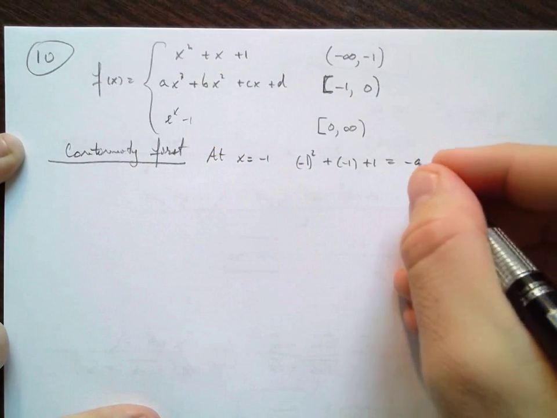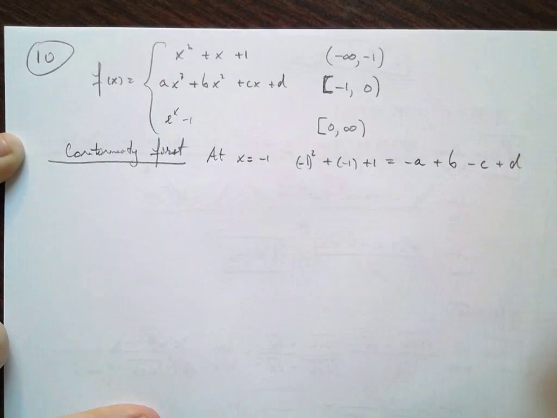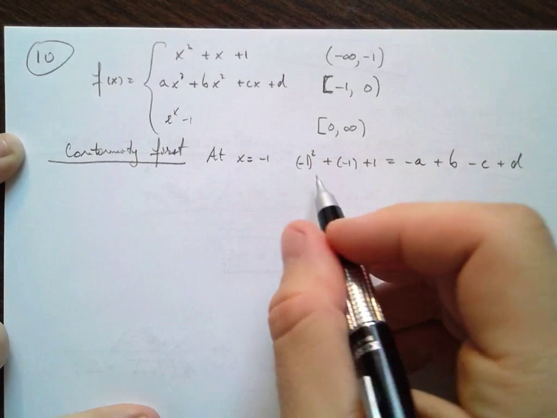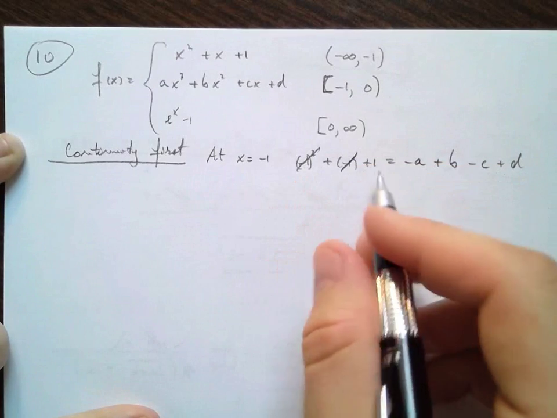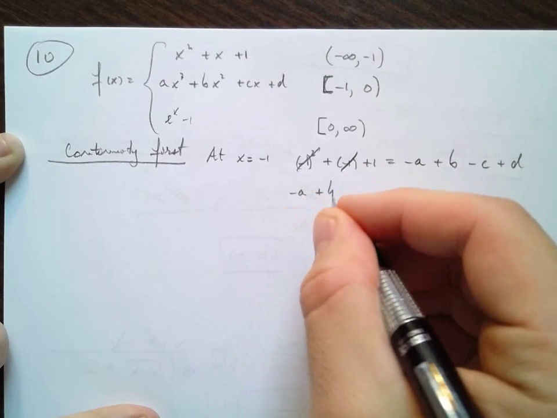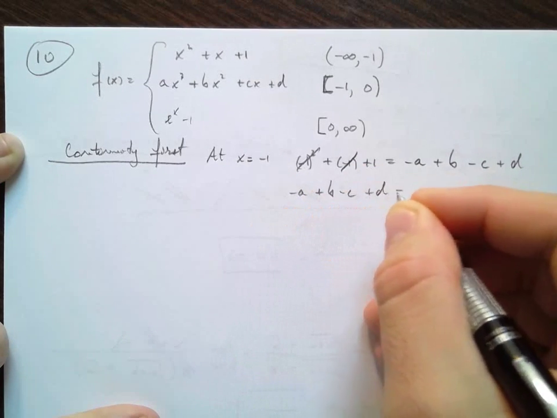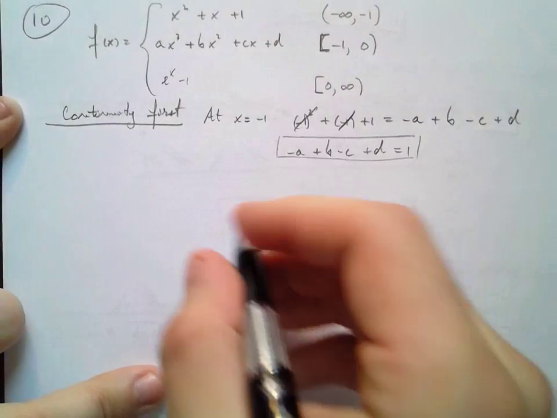So it's negative a plus b minus c plus d, when I plug in negative 1. So this is positive, that's negative, these cancel. So I have the equation minus a plus b minus c plus d equals 1. I get one equation involving the 4 variables.